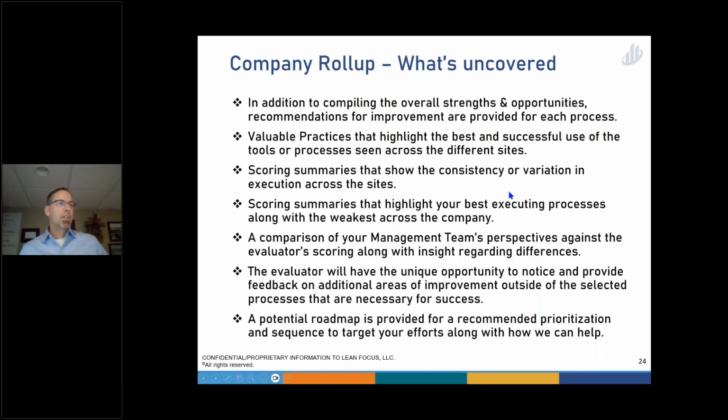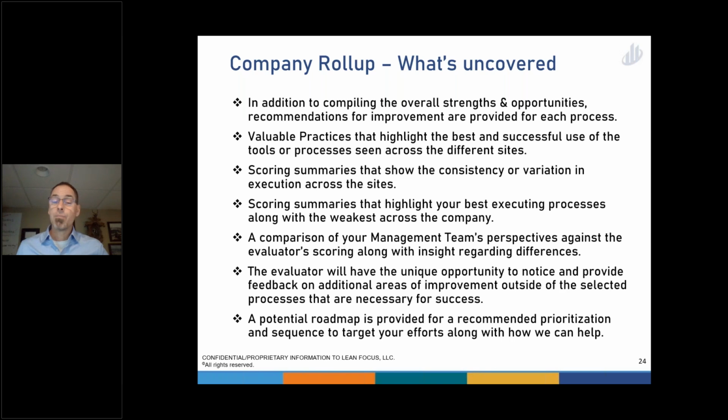So what's uncovered, in addition to the strengths and opportunities, we provide the recommendations for improvement. So we make it actionable. We provide those valuable practices, the scoring summaries that show that consistency or variation across sites, the scoring summaries that show which processes, which systems are executing the best and which ones have the most opportunity.